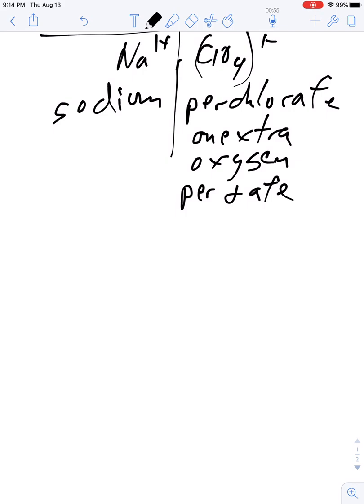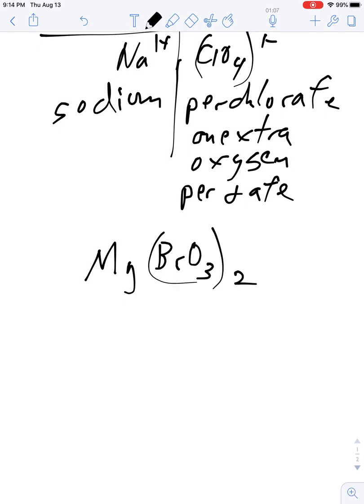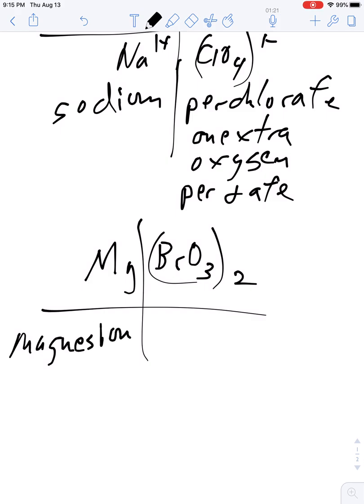So suppose you had, okay, you're always looking at the number that's inside the parentheses. You don't care about the number outside the parentheses. So you would name the Mg, which is magnesium. Now BrO3.